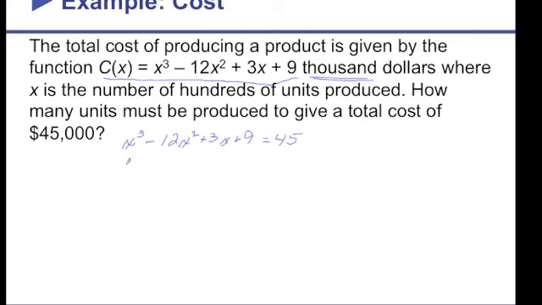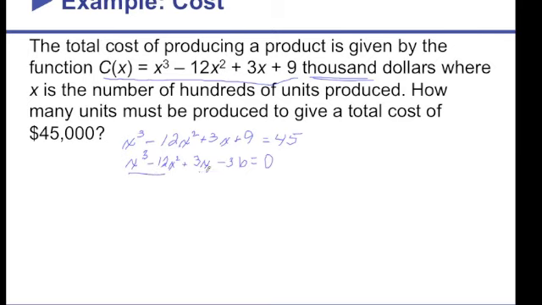Getting this on one side to equal 0, we have x cubed minus 12x squared plus 3x. We'll subtract 9 minus 45, which will be negative 36, equals 0.